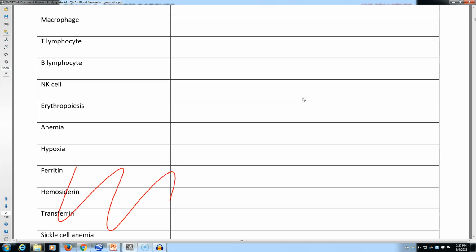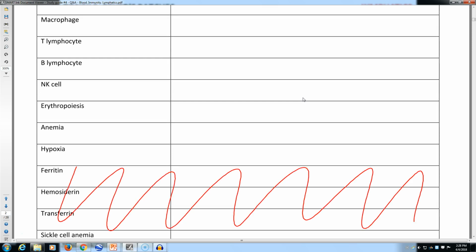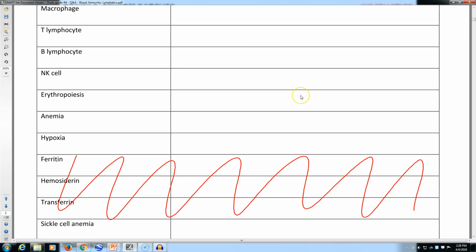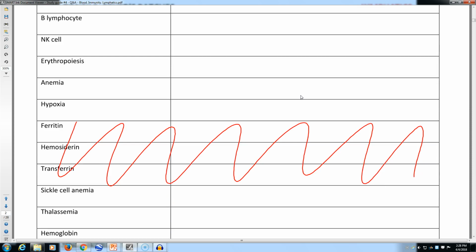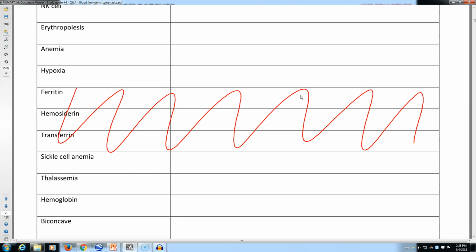These three proteins, ferritin, hemosiderin, transferrin, don't. Just don't. Not going to ask about those three. And don't worry, if you don't catch it now, it's all recorded. It's all going to be on YouTube. So ferritin, hemosiderin, transferrin, don't focus too much on that.